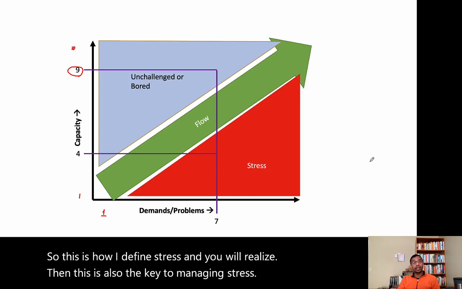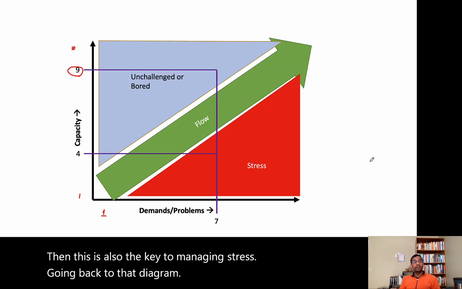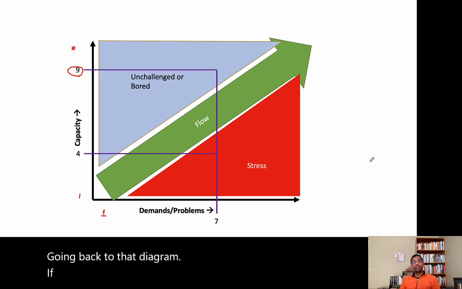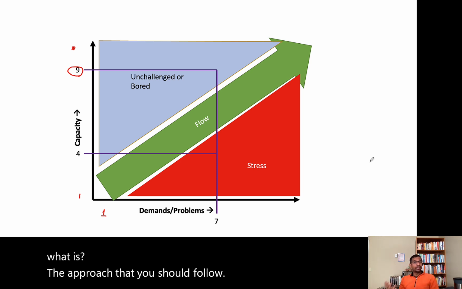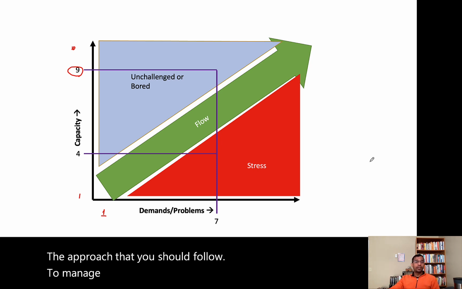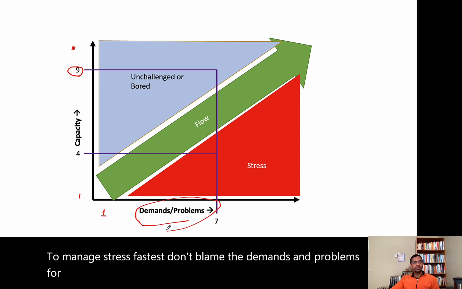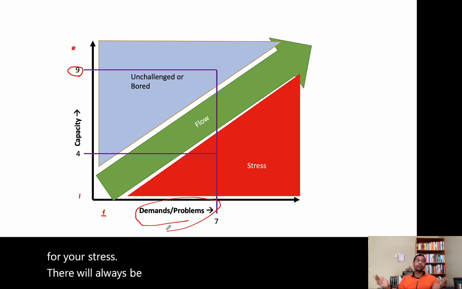Going back to that diagram, if stress is what happens when demands exceed our capacity, then what is the approach that you should follow to manage stress? First is, don't blame the demands and problems for your stress. There will always be some form of demands or problems in your life.